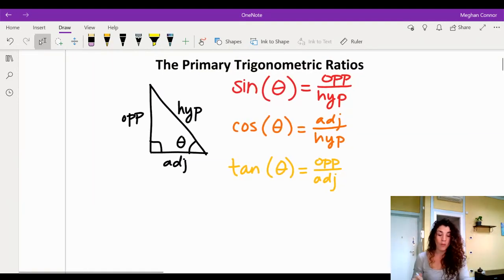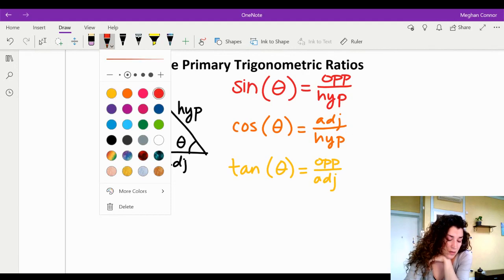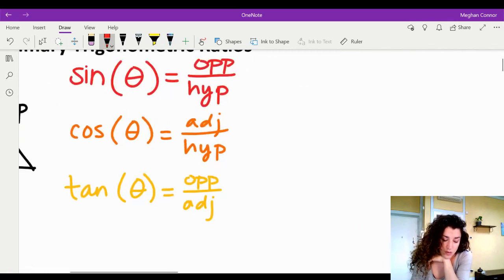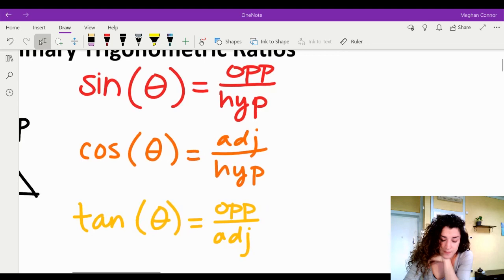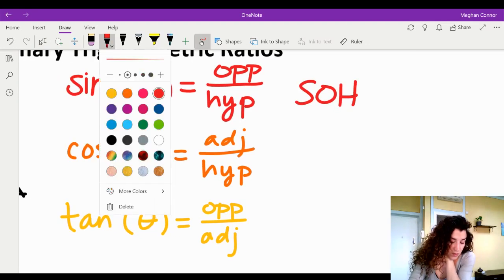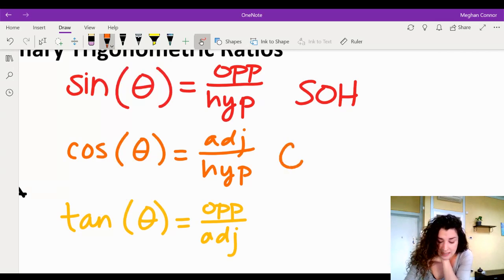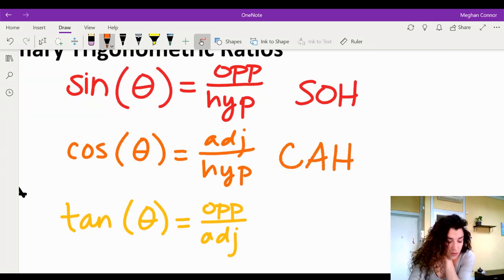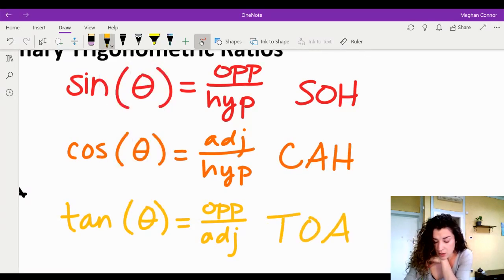And that's what it all boils down to: sine, cosine, and tangent are all just the relationships of those side lengths put into fractions together. Sine as opposite over hypotenuse, cosine as adjacent over hypotenuse, and then tangent as opposite over adjacent.